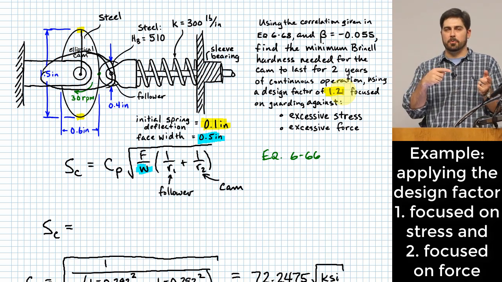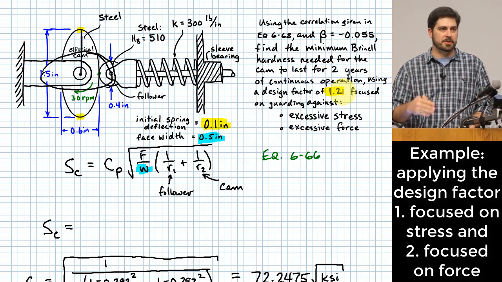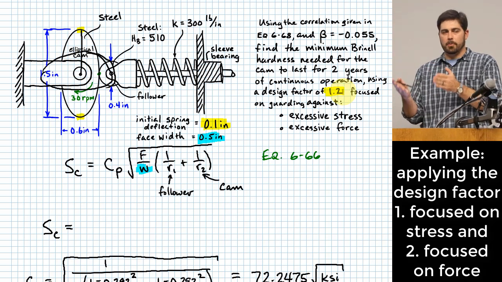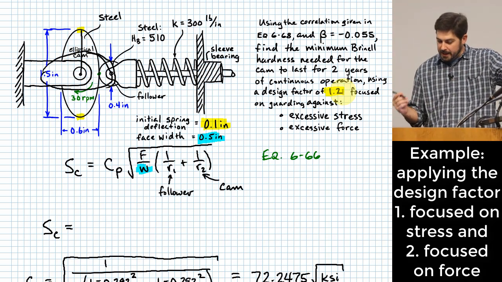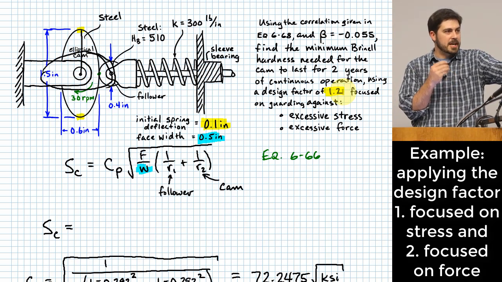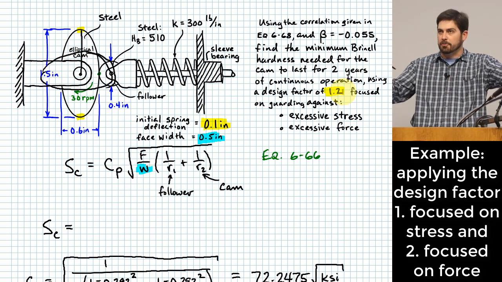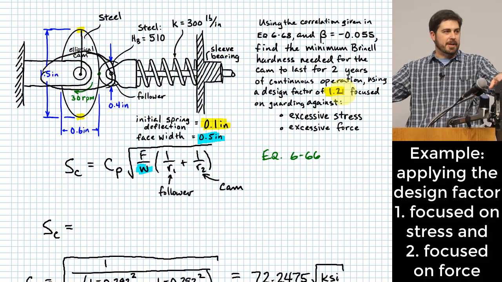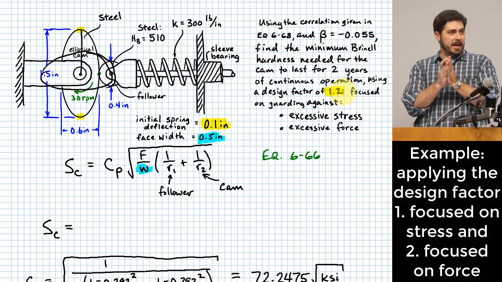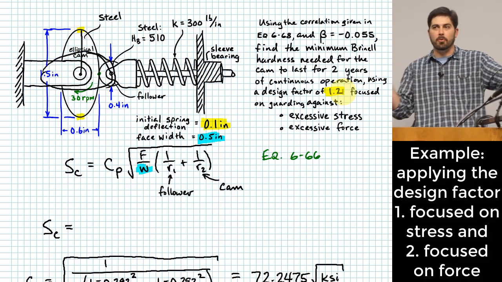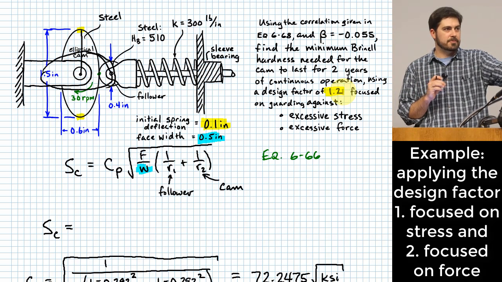If you apply it as guarding against excessive force, you multiply that 1.5 by your force, and that should be how much force you can really put on there before it fails, right?